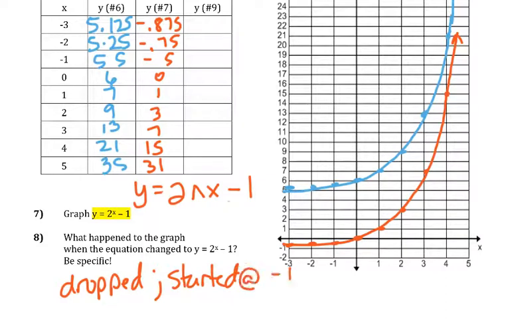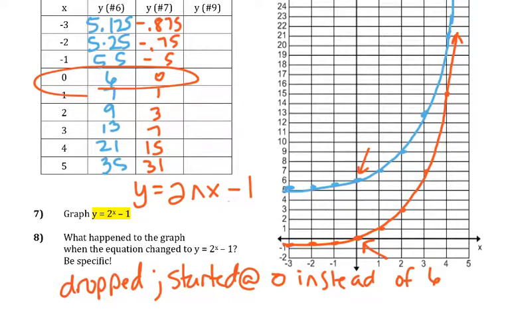It started at 0 instead of 6. So that's my 0 and that's my 6. And so it's not a 5 and a 1 because of where y equals 2 to the x would have started. I know that's a little bit confusing, but you can compare at the y-intercept level and see how that compares. That's another way that you can look at that.